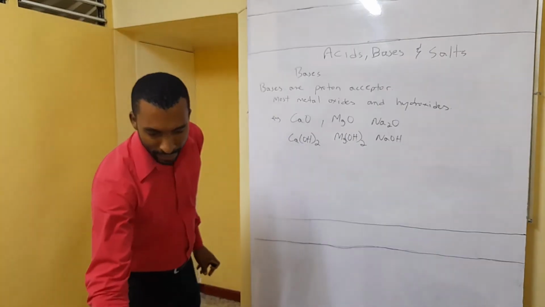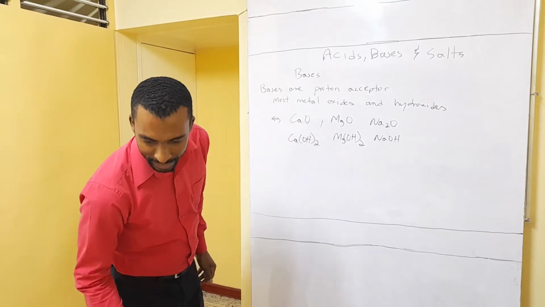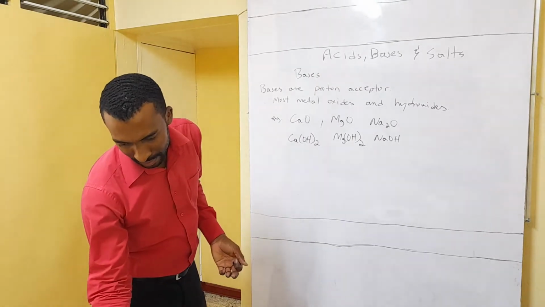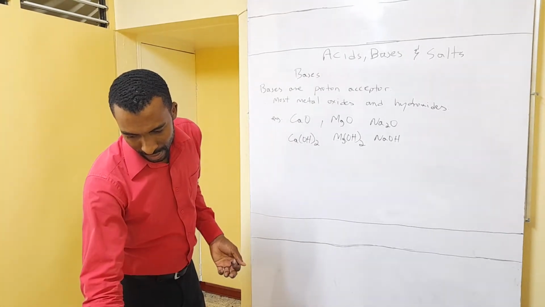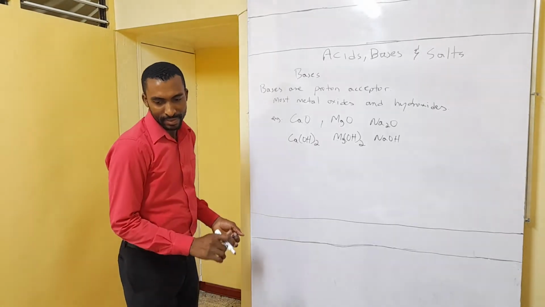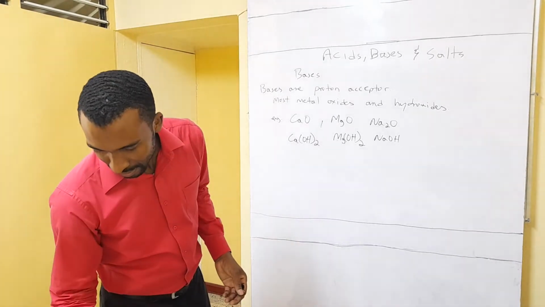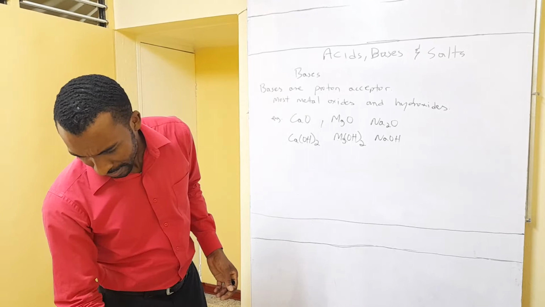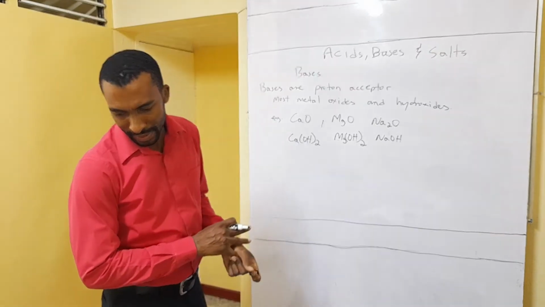And they further define a base. An alkali is a base which dissolves in water to form a solution that contains OH minus ions.